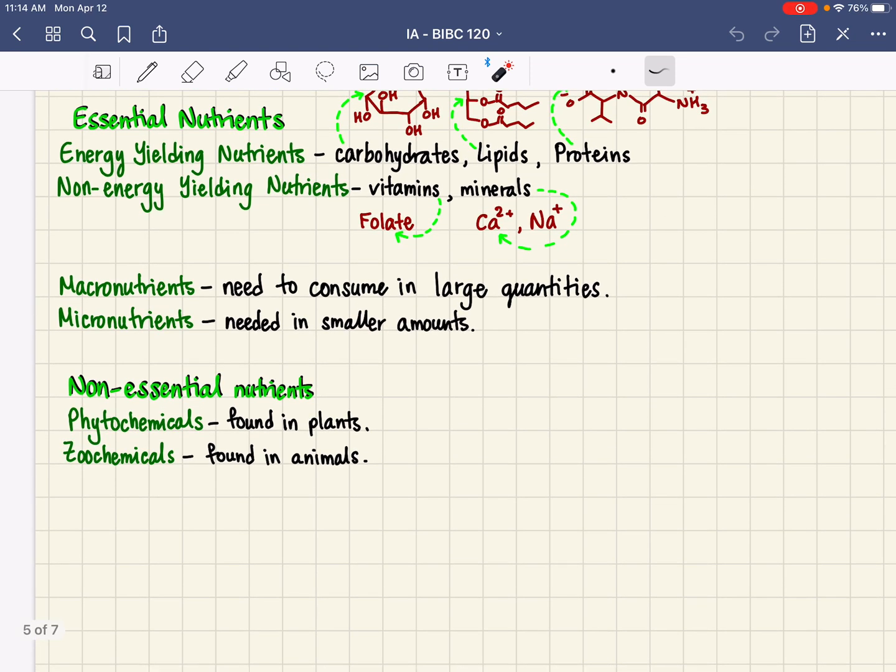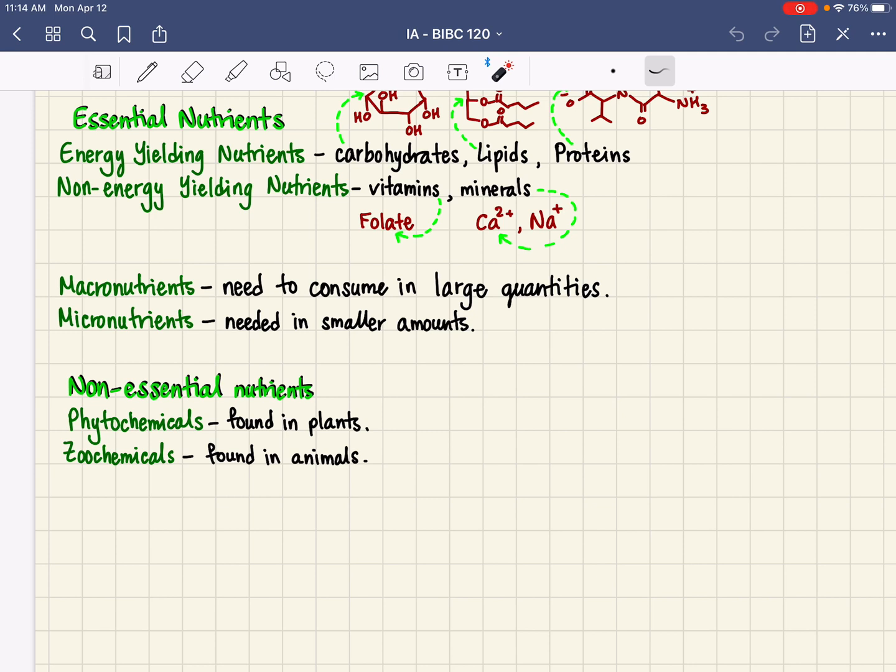Then we also talked about the non-essential nutrients. Non-essential nutrients are either phytochemicals or zoochemicals. Phytochemicals are found in plants, and zoochemicals are found in animals. Although these nutrients are good for us and will benefit our health in some way, they are not essential to survive.